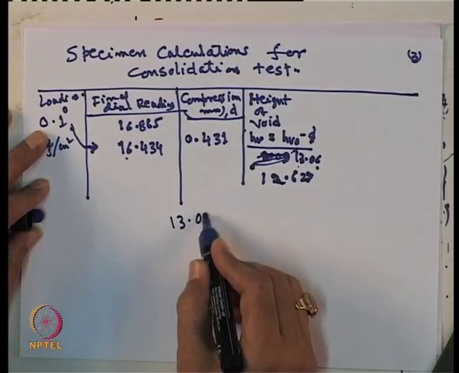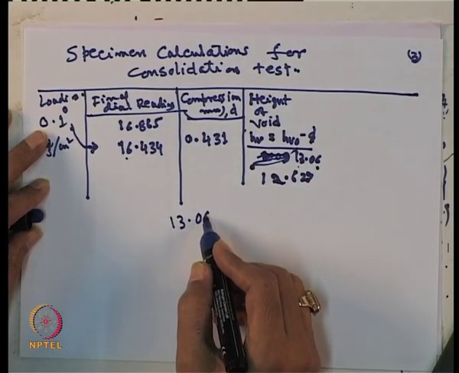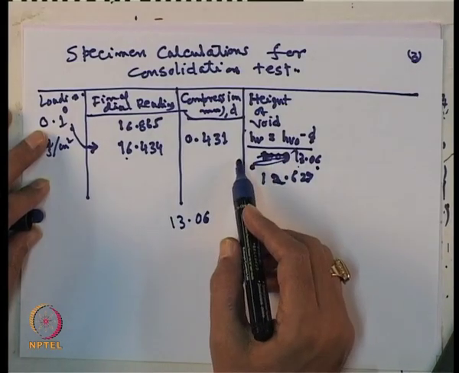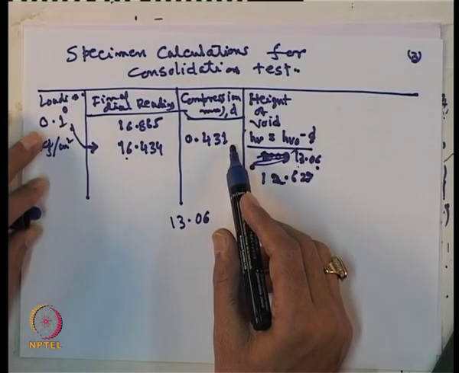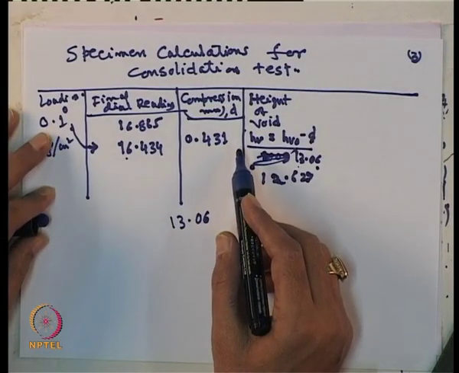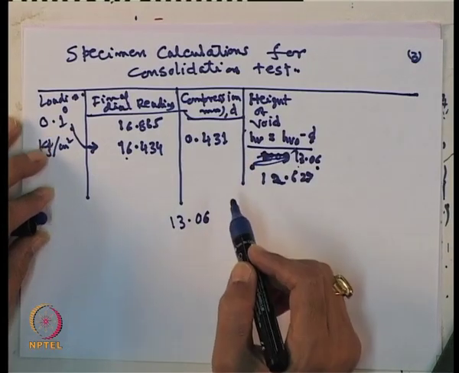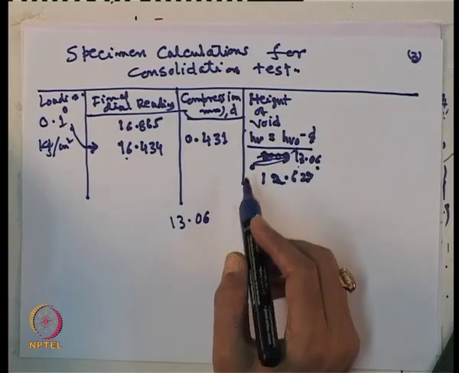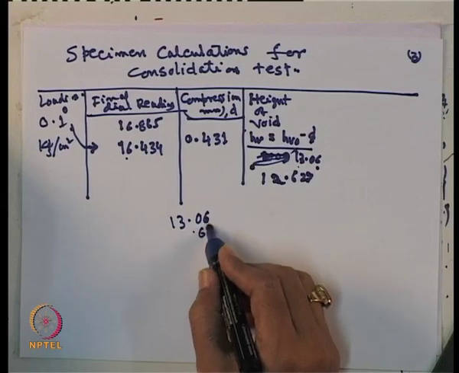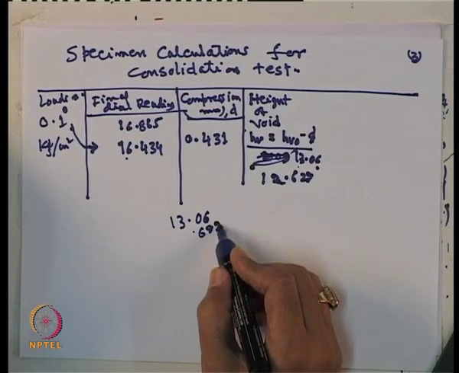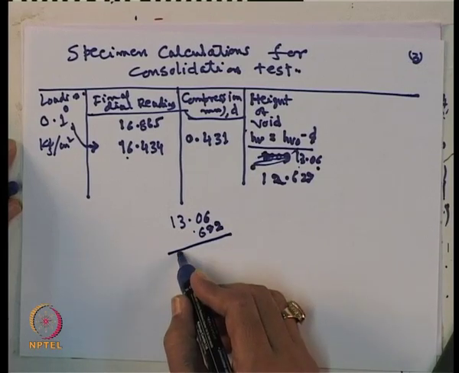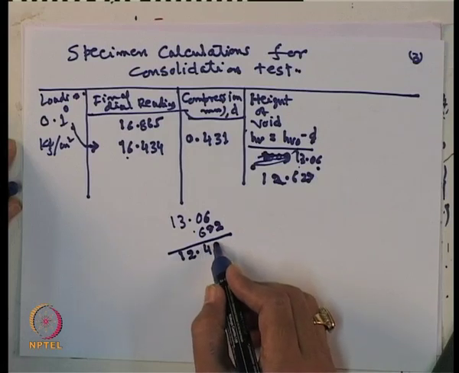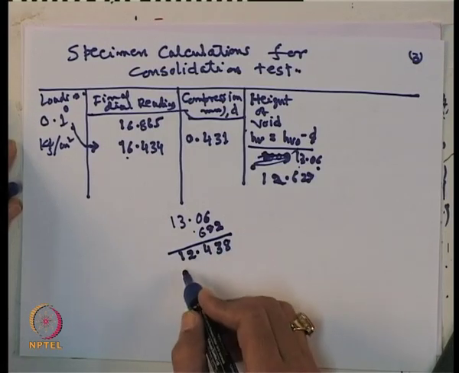If I write 13.06 h of v0, and minus 0.692, this will give you the value of 12.438.